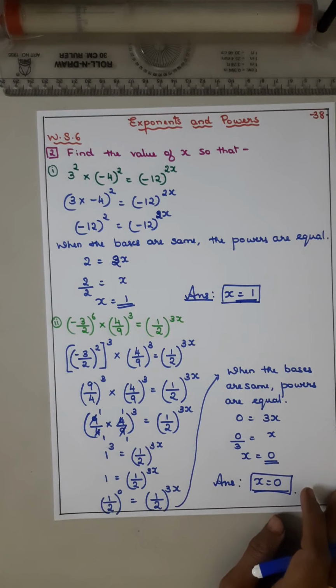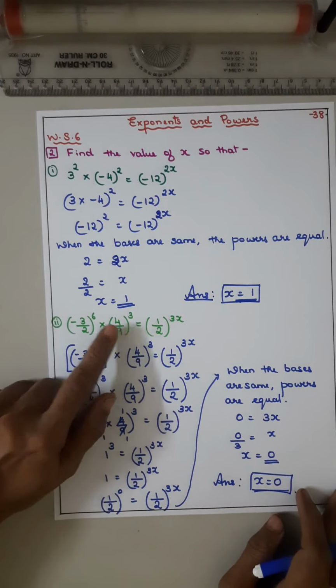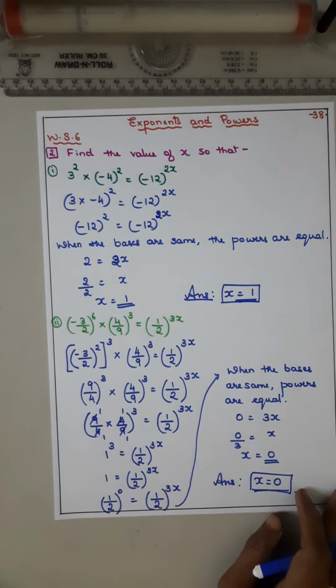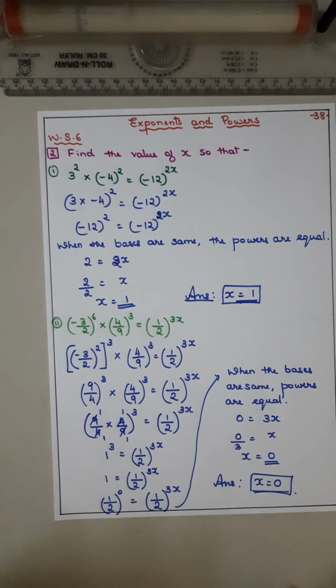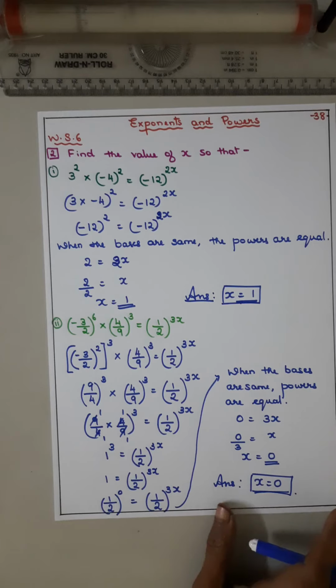Understood everyone? So bases are not same, powers are not same, but looking at the numbers, we can make the bases same. Then proceed. Clear?